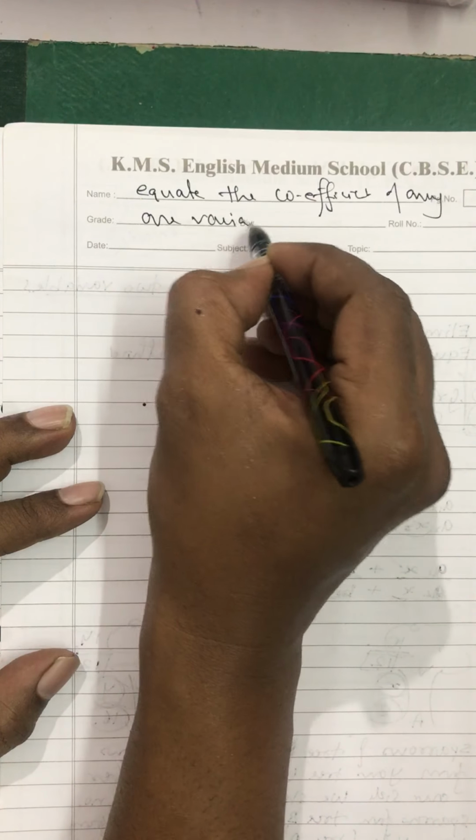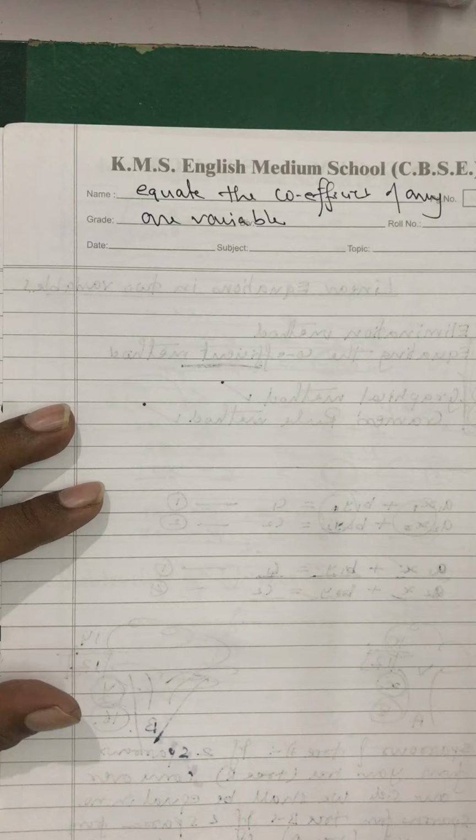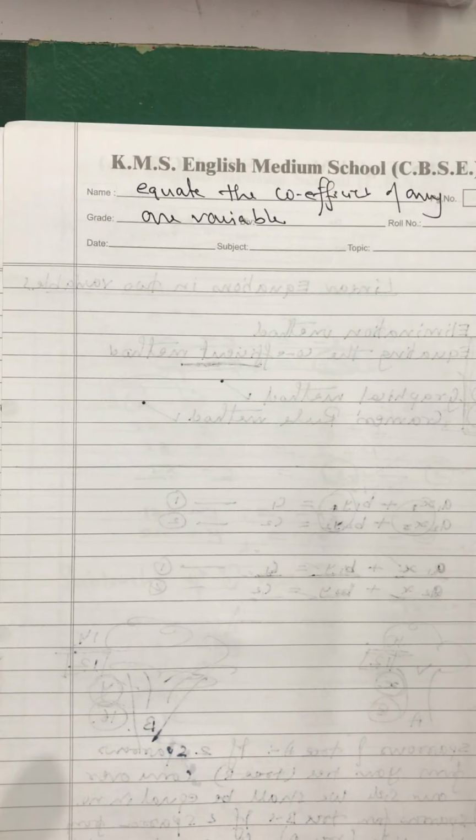Basically, there are two equations in two variables, x, y. They can be m, n, they can be u, v, they can be any two variables. But both equations will have the same two variables, u, v, u, v. a1u plus b1v is equal to c1. a2u plus b2v is equal to c2, something of that sort.